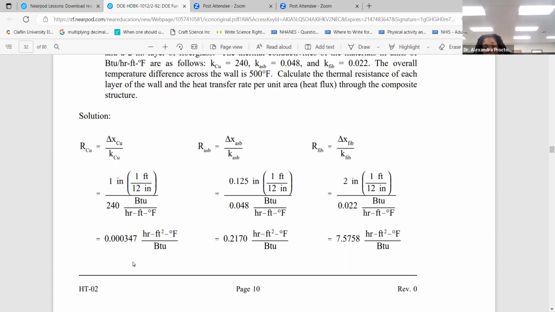And for fiberglass, 2 inches times the conversion factor, 1 foot over 12 inches, divided by that K, which is 0.022 BTU per hour foot degree Fahrenheit. And that R is 7.5758 hour foot squared degree Fahrenheit per BTU.